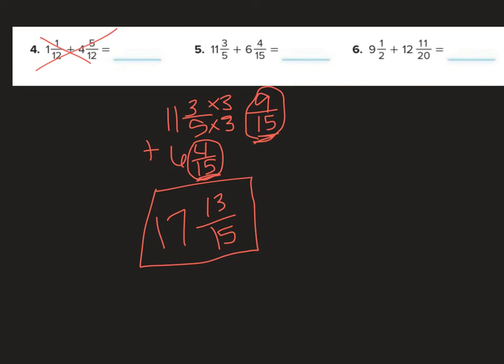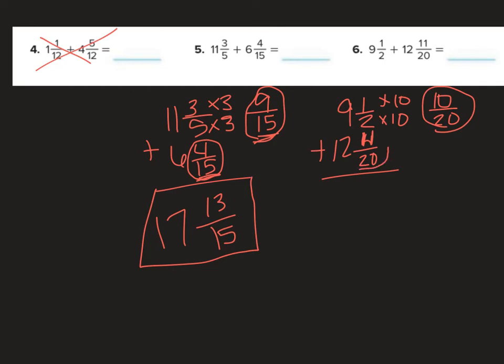Okay, so here we go. I'll put the quiz question here too. So 9.5 plus 12 and 11/20ths. Okay, so I need to multiply by 10, multiply by 10, and get 10/20ths. So now I'm adding 10/20ths and 11/20ths to get 21/20ths.